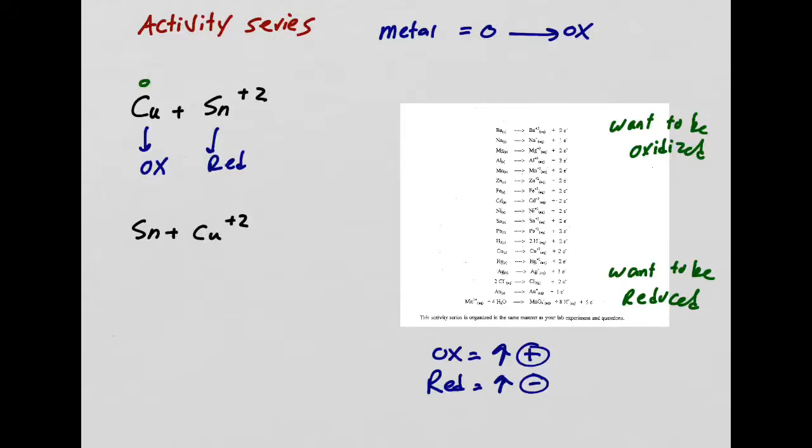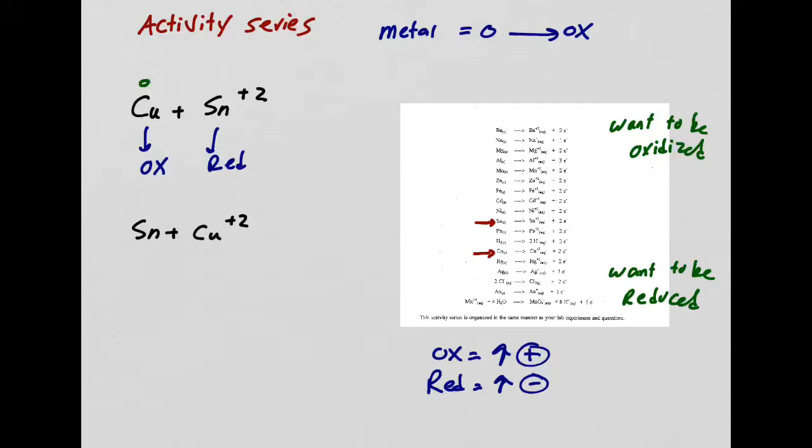Okay, now we need to find these two on the activity series. Here is tin, and here is copper. Remember, the one that gets oxidized has to be on top, higher on the activity series. Is that the case right here? It is not the case. Here is the tin that got reduced, and here's the copper that got oxidized.